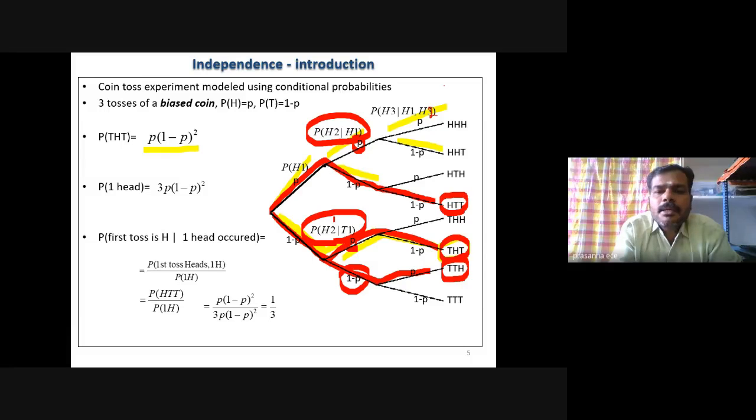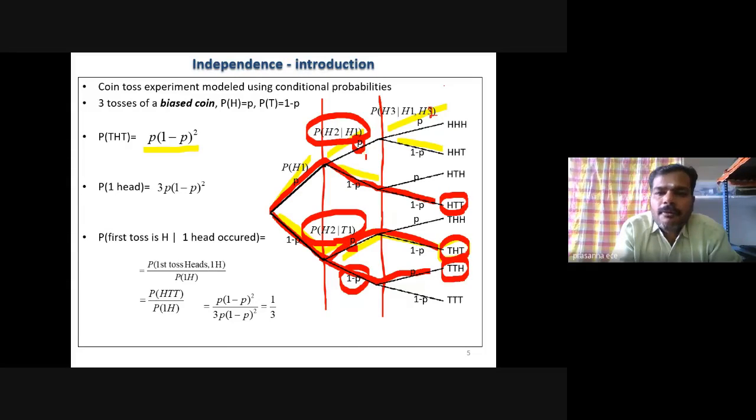So this particular experiment is an example of an experiment which has independent events. What do we mean by independence? Suppose we separate this as trial 1, and this group as trial 2.